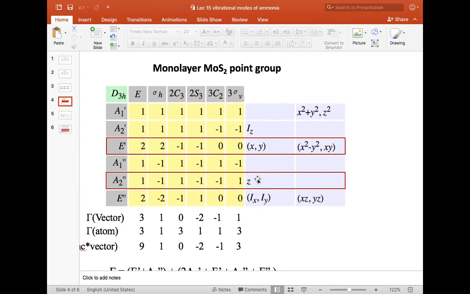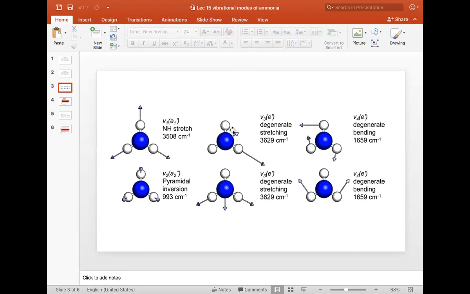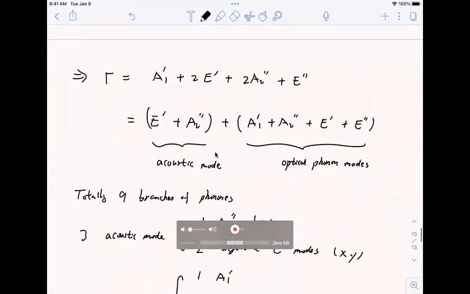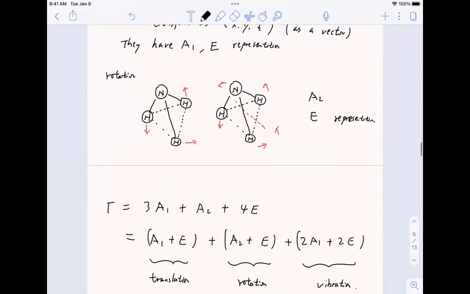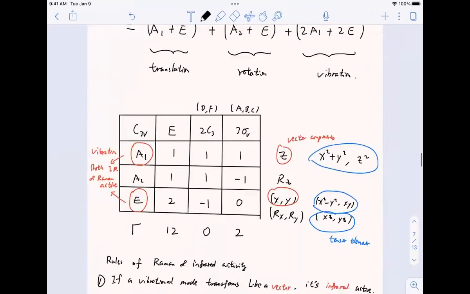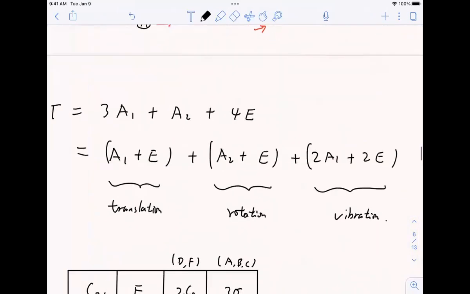Okay. So now let's go back. It's already 2 hours. So let's go back to check the ammonia. I missed this part. Let's go back to check how the symmetry predicts. So this is the ammonia. Where's the decomposition? Okay, here.